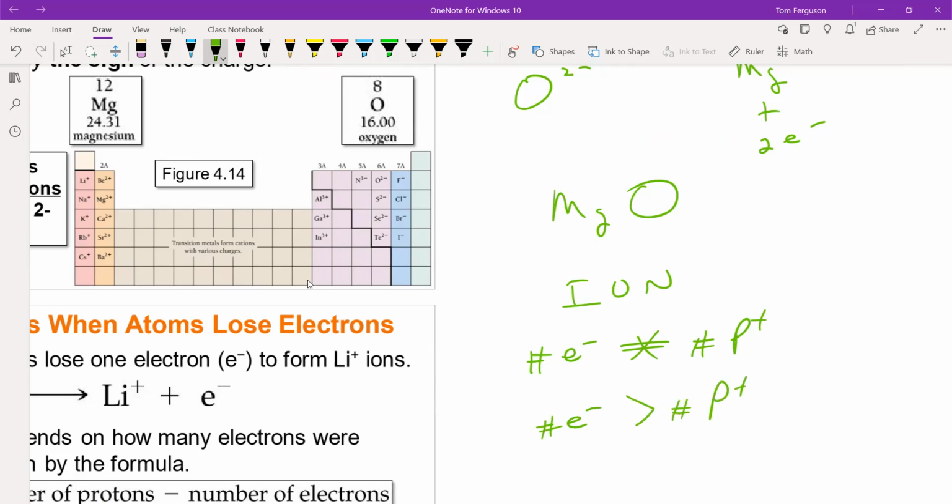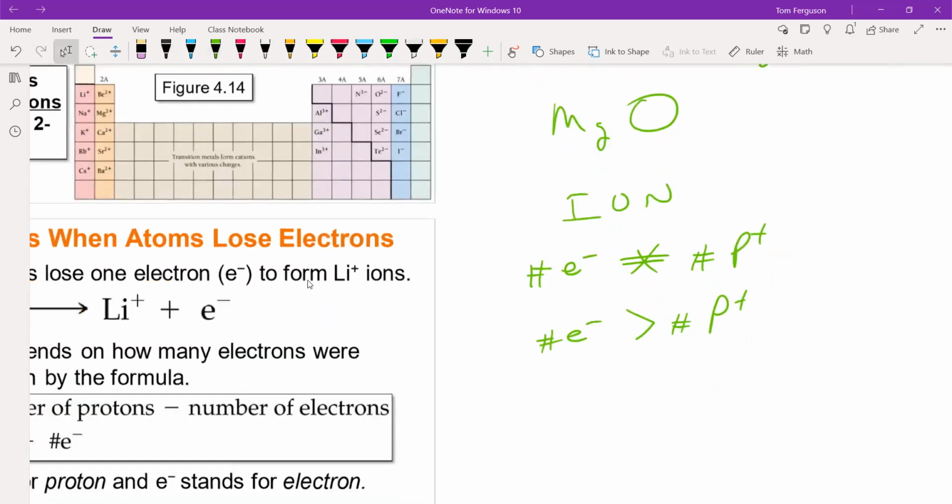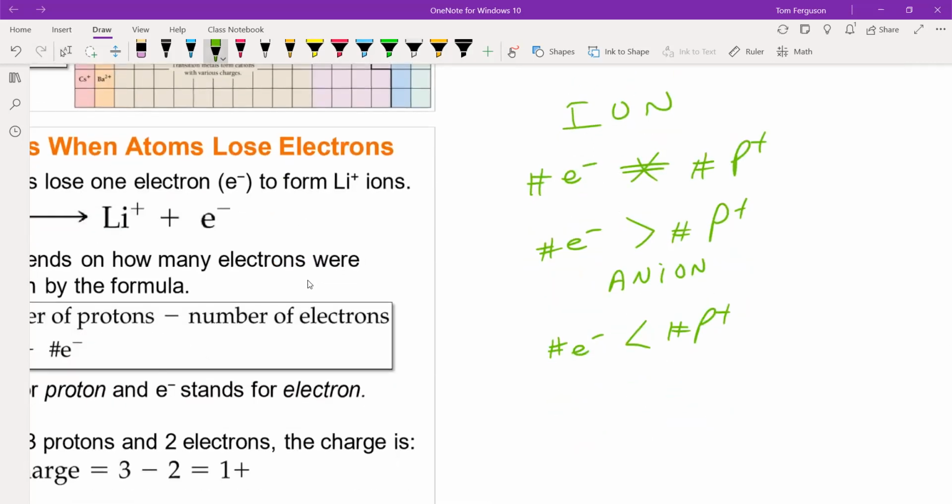When there are more electrons than protons, there's a name for that ion. It's called an anion. Anions are negative. When more protons are around, that ion is called a cation.